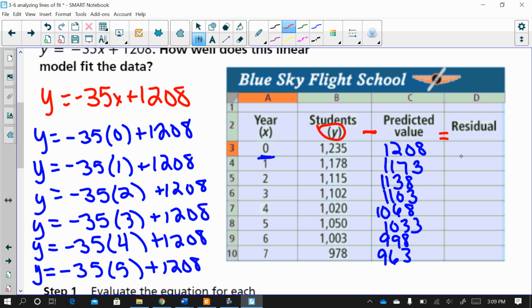So 1235 minus 1208 gives me 27. 1178 minus 1173, that's just 5. 1115 minus 1138, negative 23. 1102 minus 1103 is negative 1. 1020 minus 1068, negative 48. 1050 minus 1033, we get 17. 1003 minus 998, we get 5. And 978 minus 963, we get 15.